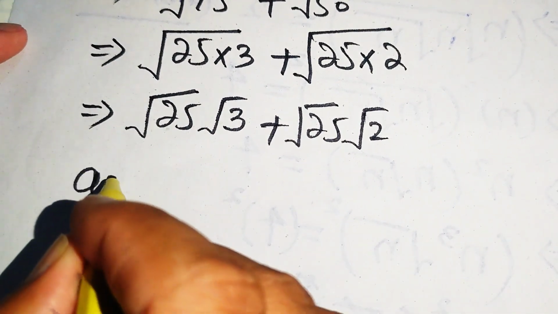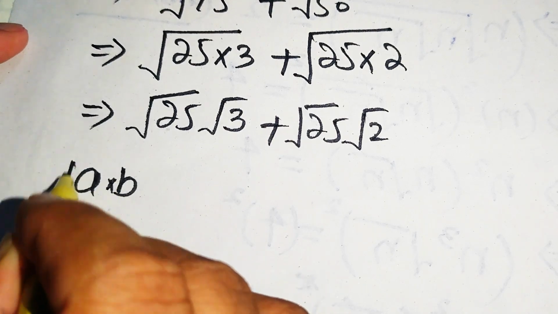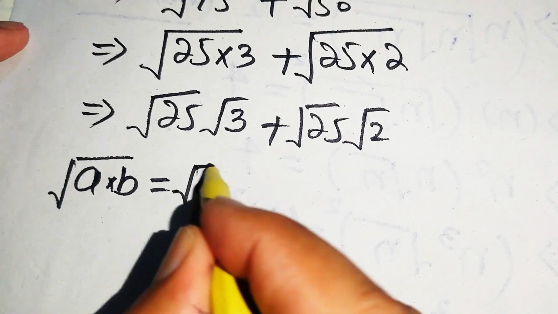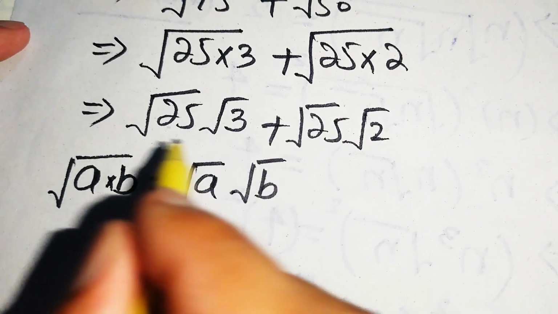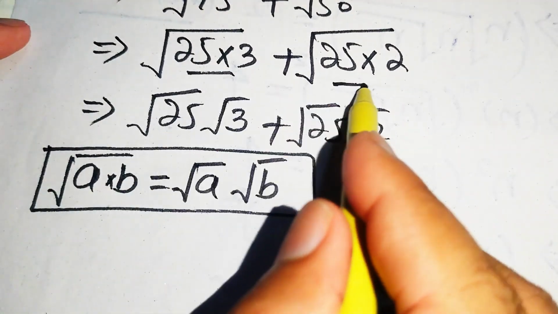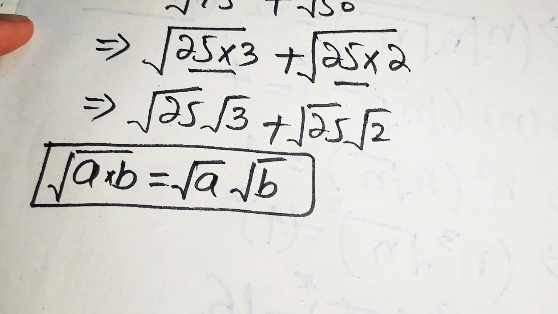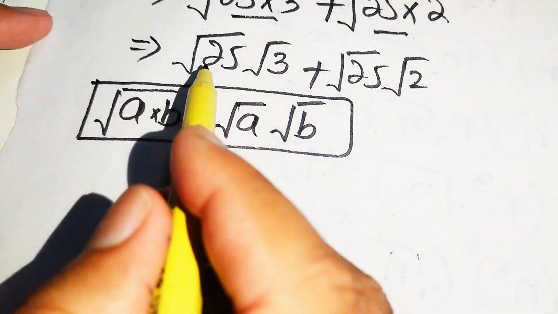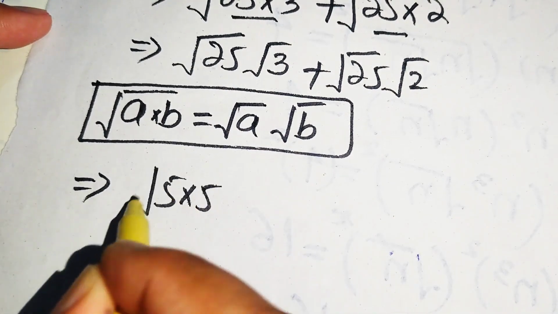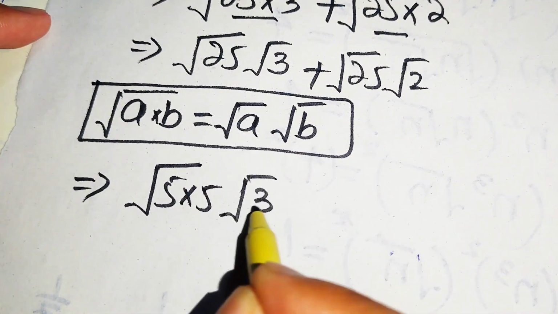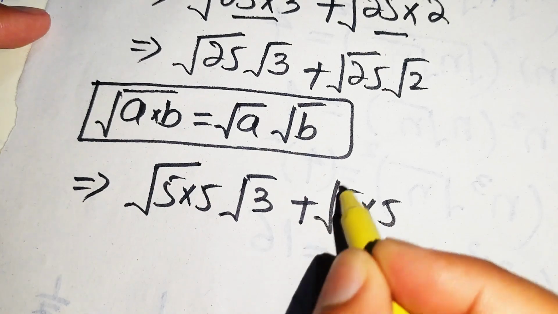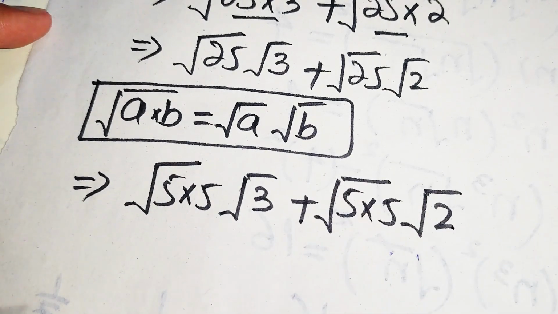If you have a multiplied by b whole square root, we write this term as the square root of a times the square root of b. So we use this nice radical law for this term and this term as well. After that, we write this 25 as 5 times 5 under the square root, times the square root of 3, plus we again write this 25 as 5 times 5 under the square root, and the square root of 2.